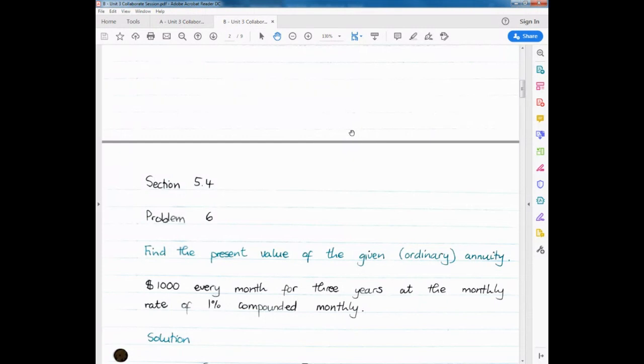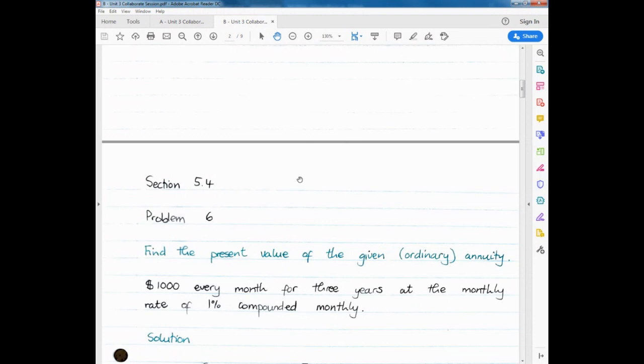We're given $1,000 every month for 3 years at the monthly rate of 1% compounded monthly. So to relate it to the previous sections, we would be given $1,000 once, right? But in this case, it is done in a periodic way. It's done every month, and that amount amounts to a certain value.